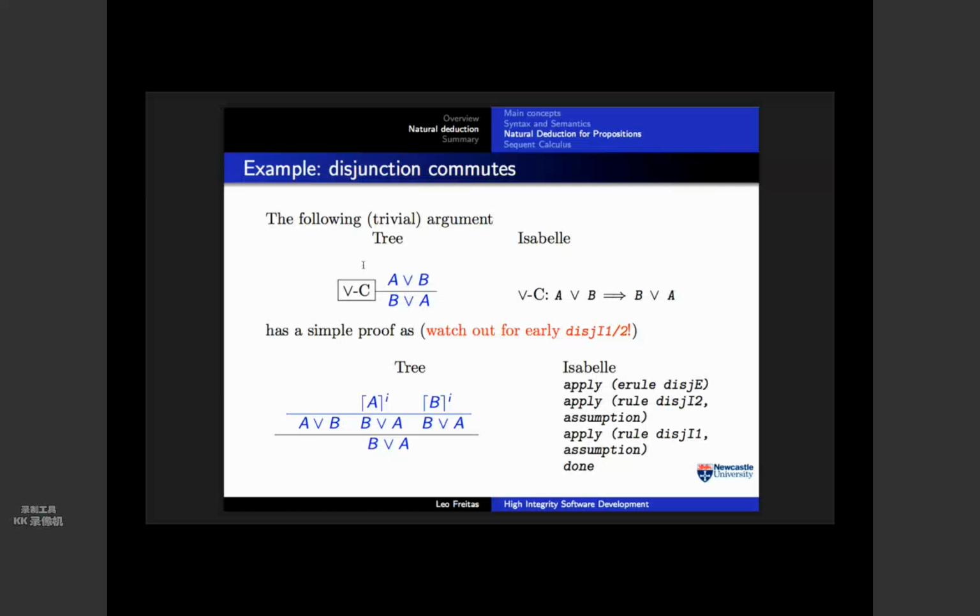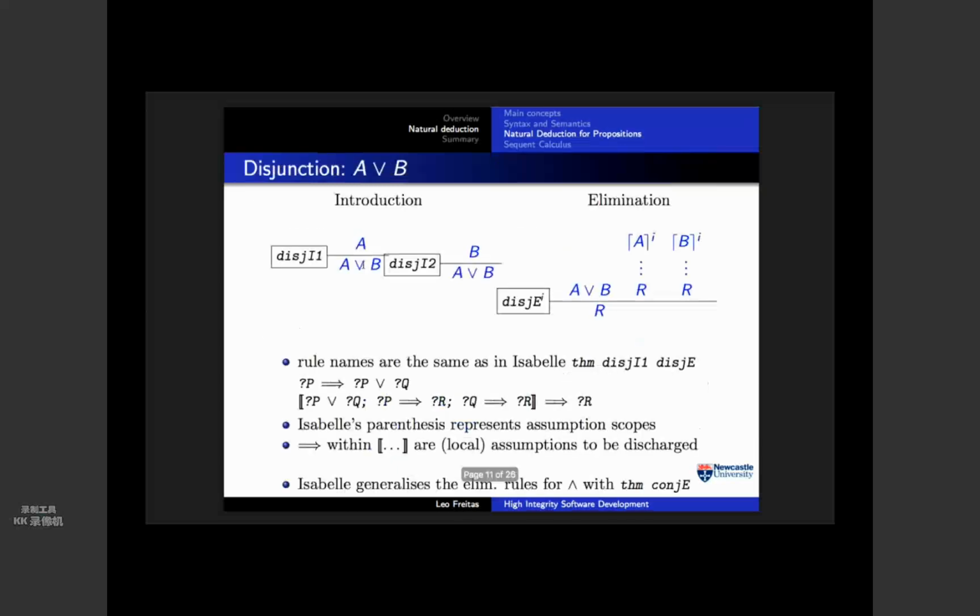So if you reach this, you're finished, and that's your conclusion. So that's where you start. What can you do here? There is only one operator. So say if you apply disjunction introduction, you could apply disjunction introduction for making this B, for example, and that's disjunction introduction 1. Those being the rules.